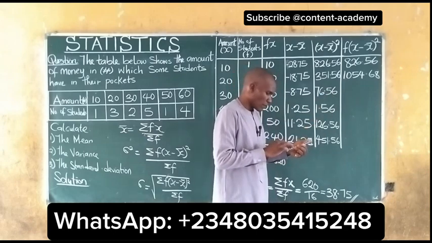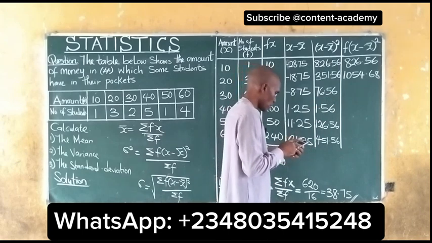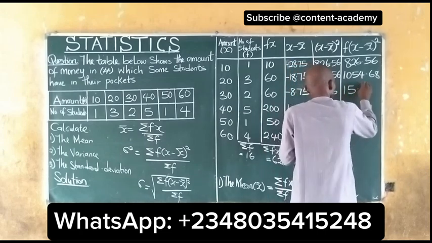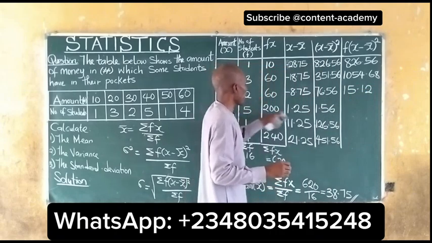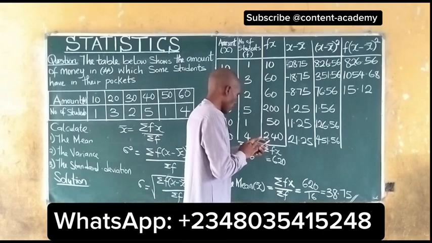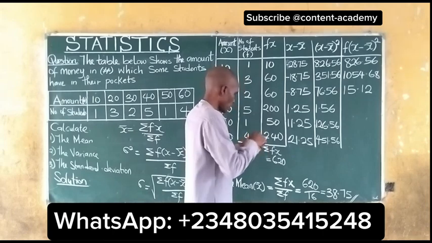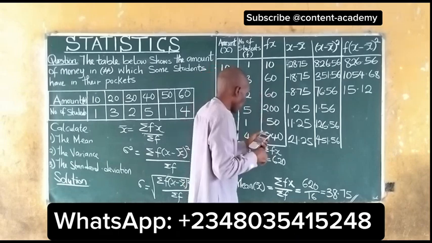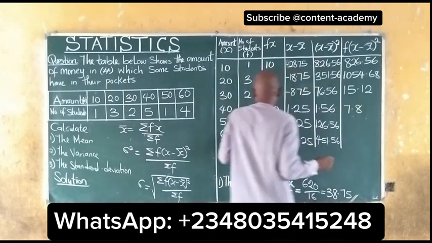2 multiplied by 76.56, we have 15.12. 5 multiplied by 1.56, we have 7.8.